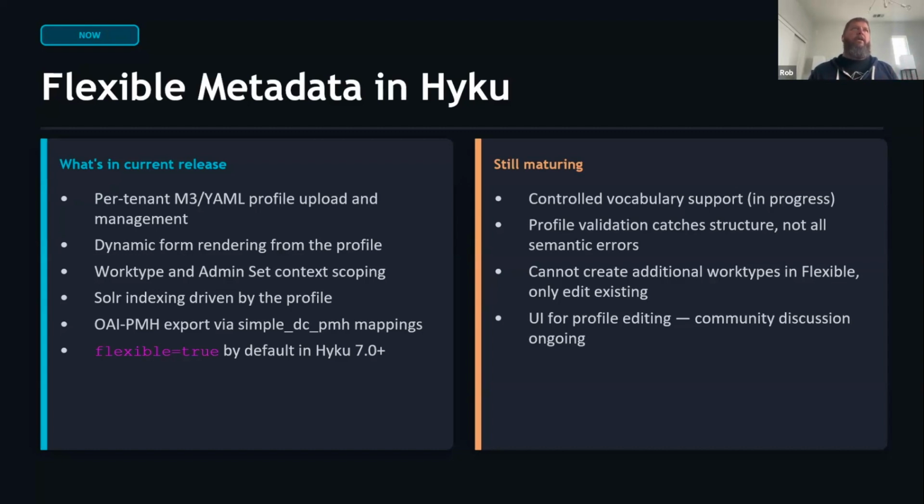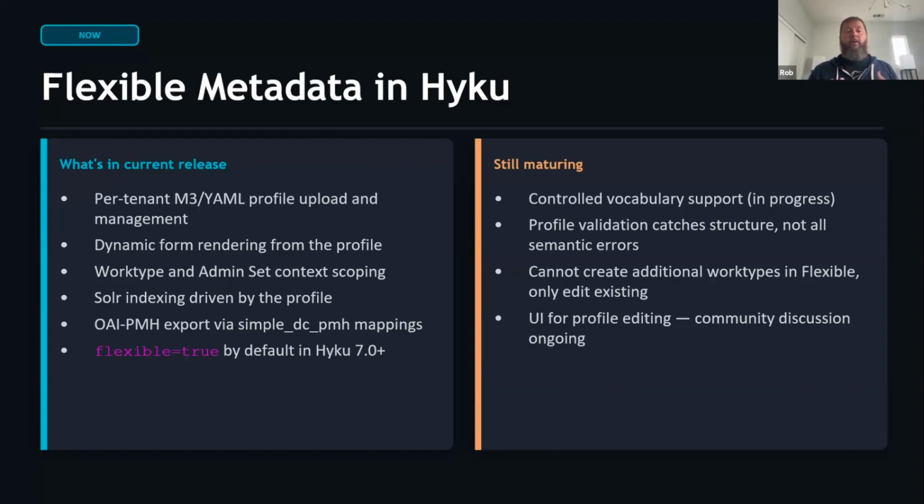So if a work is created on, let's say, version 2 of your profile, and maybe it's been a while since you've seen this work, and now you're on version 6, it'll stay functional with the old profile until it is edited, and then it gets updated to the new profile.